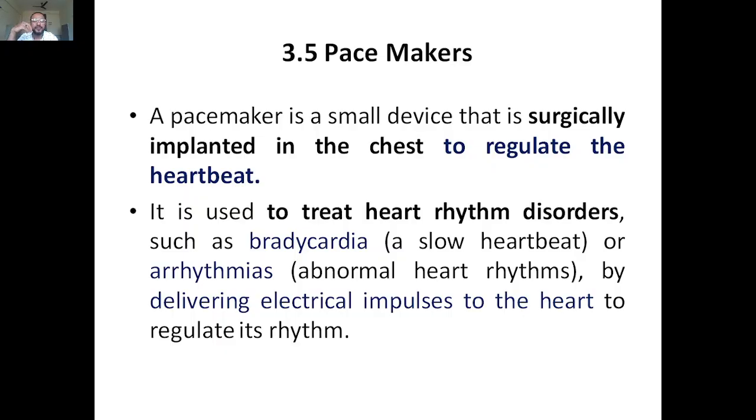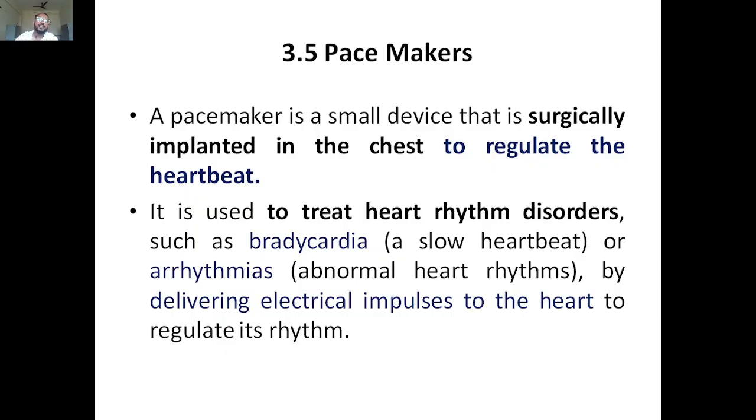There might be many reasons for irregular heartbeats, and they can be controlled or monitored by using the pacemaker.